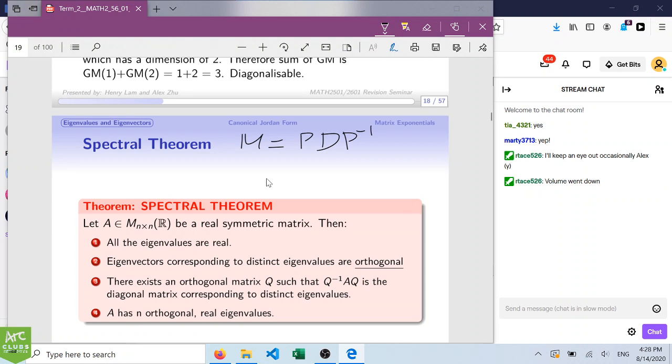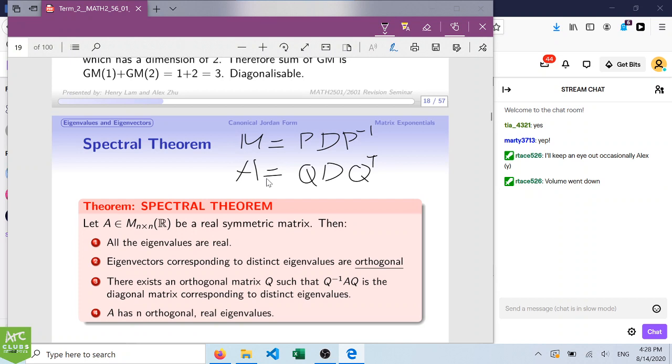Now, that's for normal cases. For a real symmetric matrix, it's stronger than that. You can factorize A, or whatever that matrix is, into Q D Q transpose.